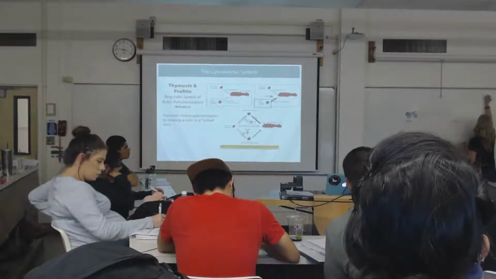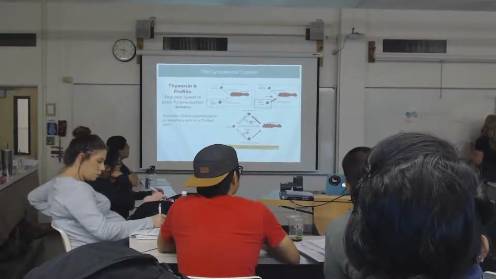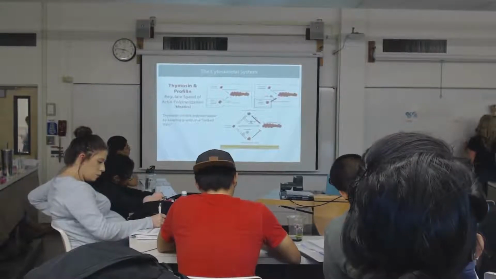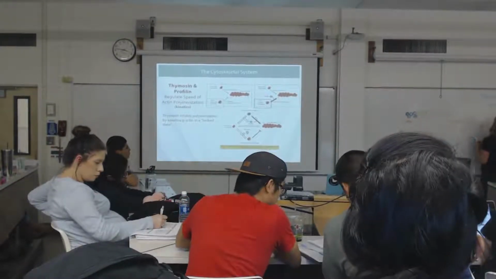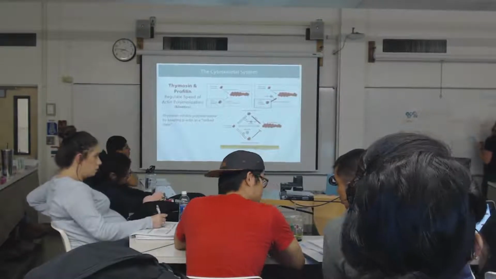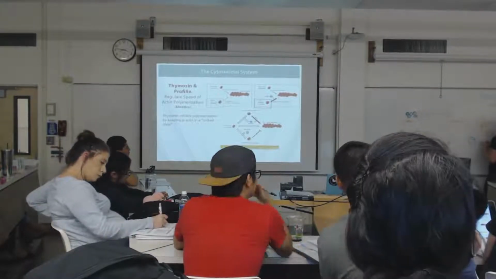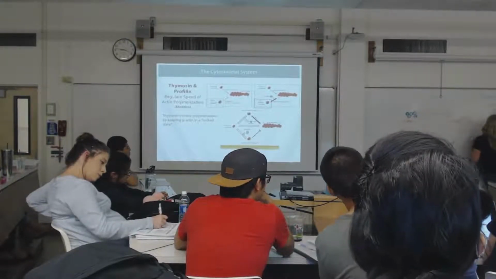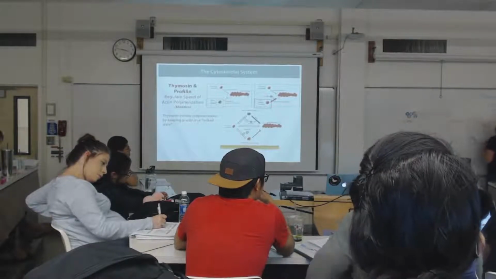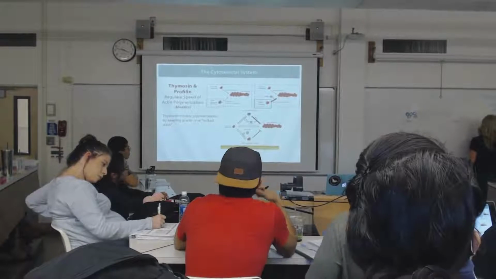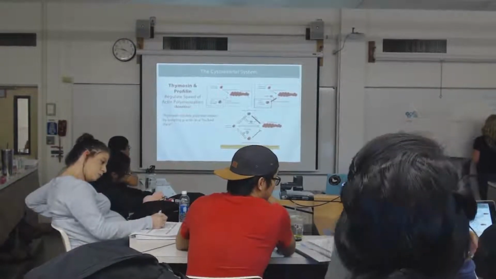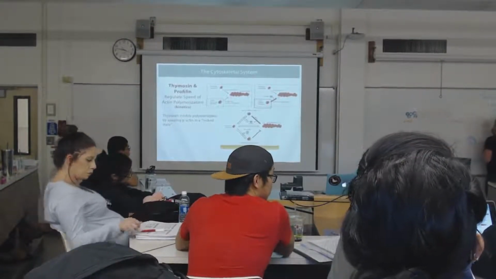So thymosin does two things. One, blocks the ability of G-actin to bind F-actin. Right, in F-actin, that means the filament.